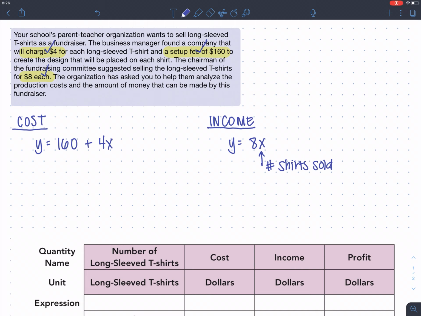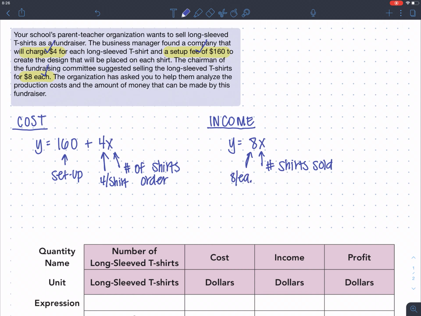On the left side, 160 is our setup fee, and then x is the number of shirts we order. They cost $4 each per shirt, and here we're selling them for $8 each.